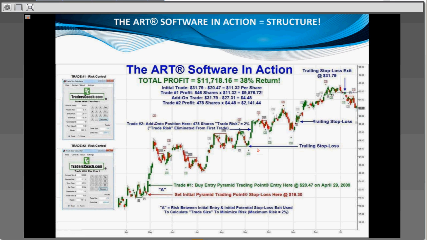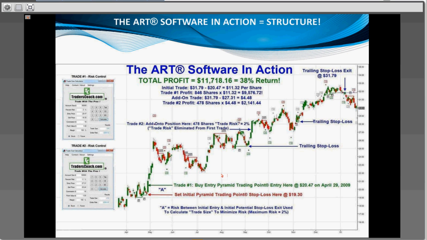And let me ask you a question. What now happened to the trade risk on the first trade? Anybody out there? Now we're talking about trade risk, not market risk. What happened to the trade risk on the first trade, if our new stop was trailed up to that pyramid in the middle?